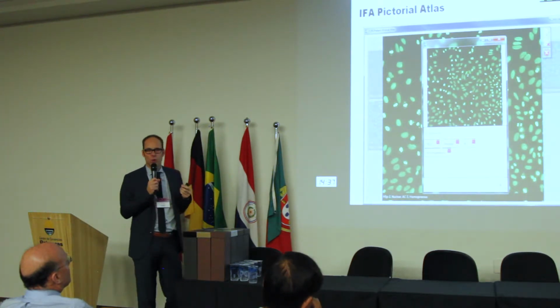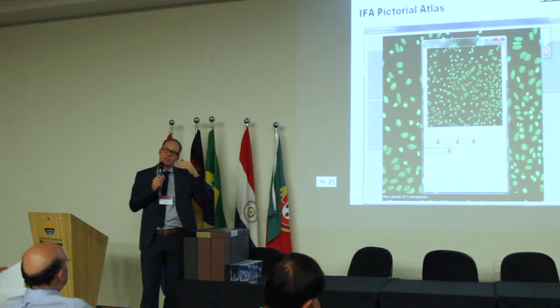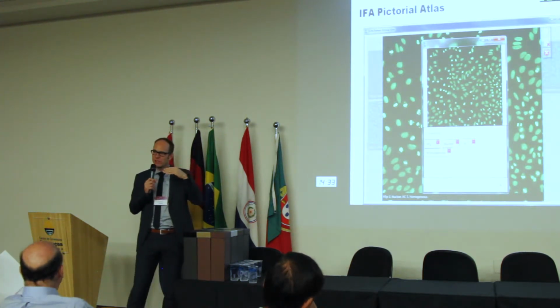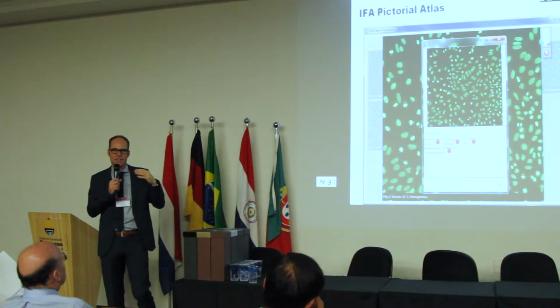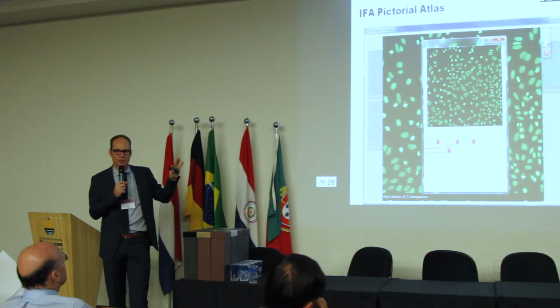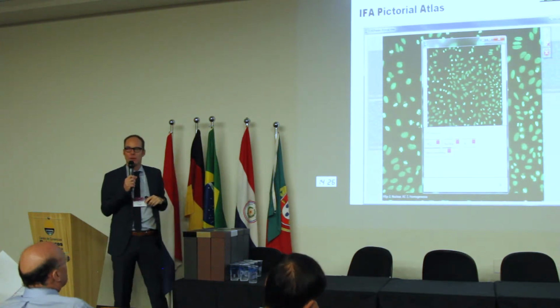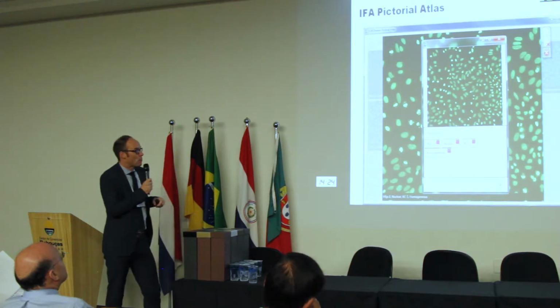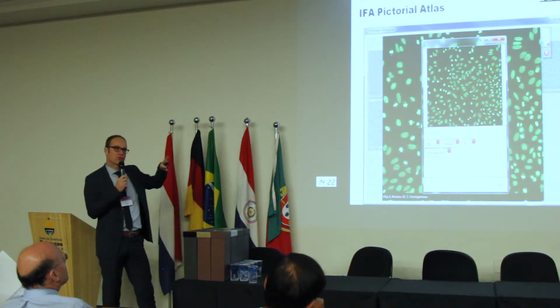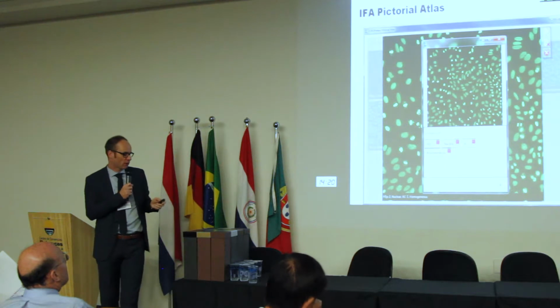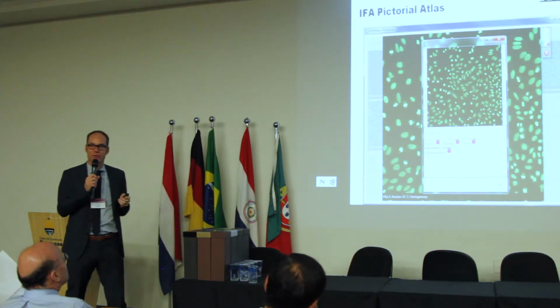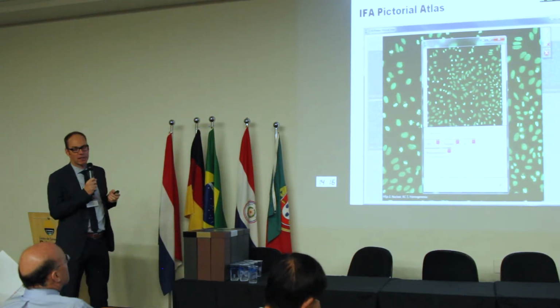This is maybe also quite nice if you want to share the cutoff, so what is still positive, what is already negative. So this was also a discussion in the previous talks, what is the right cutoff. And here you have the possibility to put pictures which are near the cutoff to make it easier for the technician to make a decision.